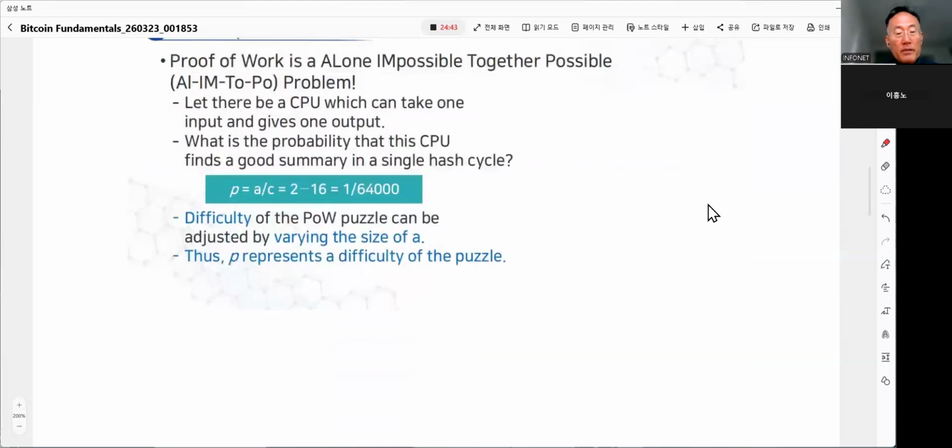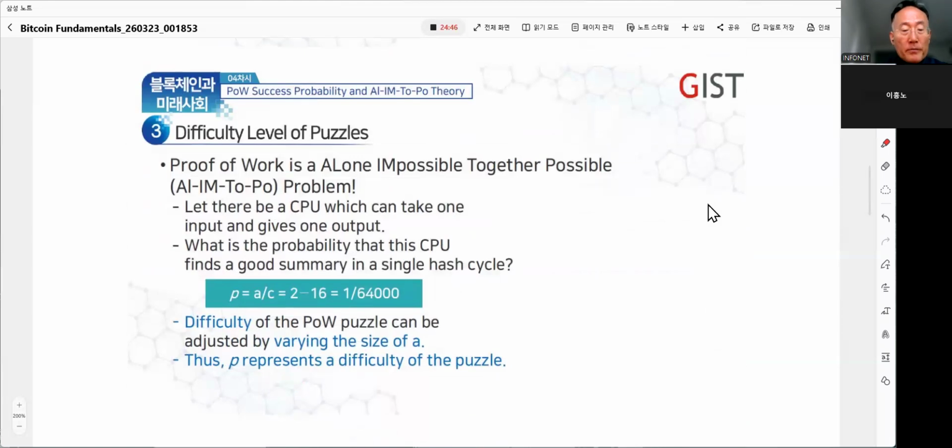Same thing. Here, proof of work is an alone impossible, together possible problem. So let there be a CPU which can take one input and give one output. What is the probability that this CPU finds a good hash in a single hash cycle? That's this probability P. Difficulty of the POW puzzle can be adjusted by varying the size of the set A, or varying the threshold, which is the target.